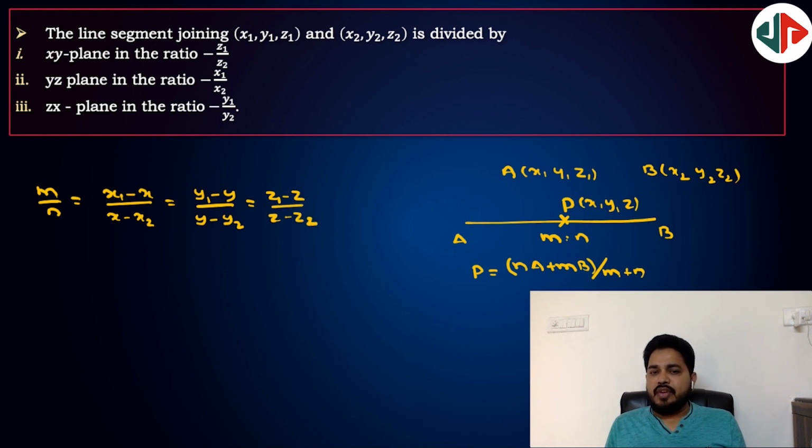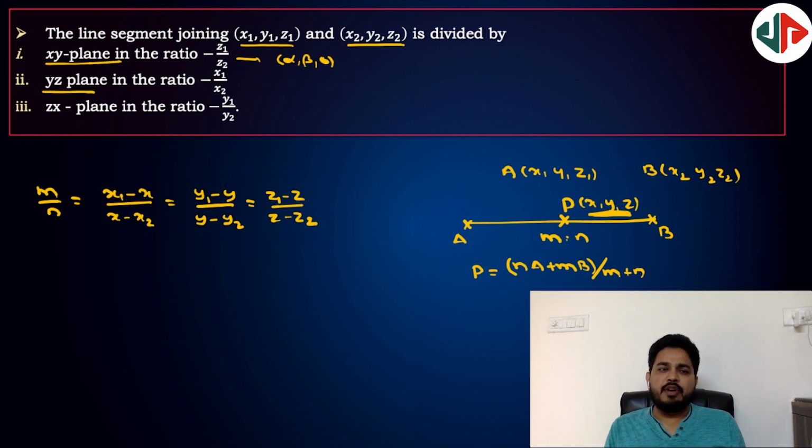So you have A and B points. From at least one of these values you can find the ratio. That is why, for the line segment joining x1, y1, z1 and x2, y2, z2 divided by the xy plane, the xy plane means the point is of the form alpha comma beta comma 0. So I will take z1 minus 0 is to 0 minus z2.